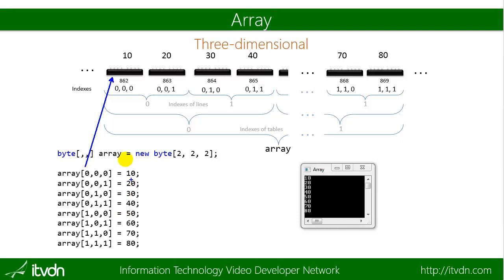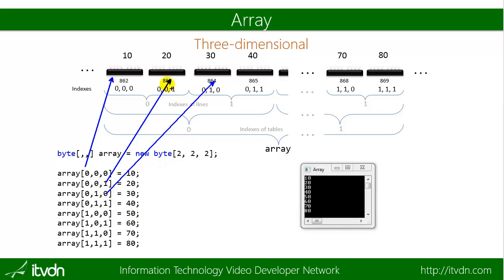But in this array 0, 0, we have 3 different positions. We have, of course, 0, 0, 0, 0, 0, 1, 0, 0, 0, 1, 0. So this one is this one, this one is this one, and this one is this one.